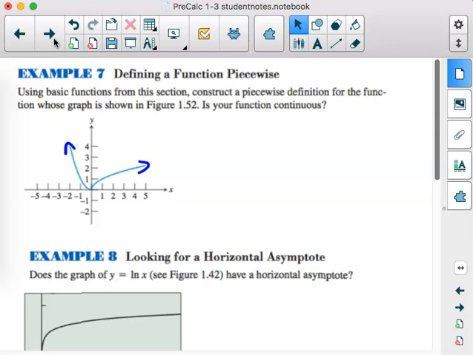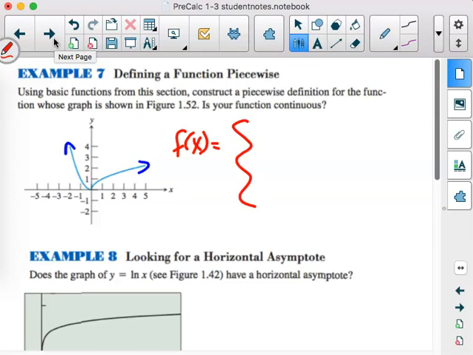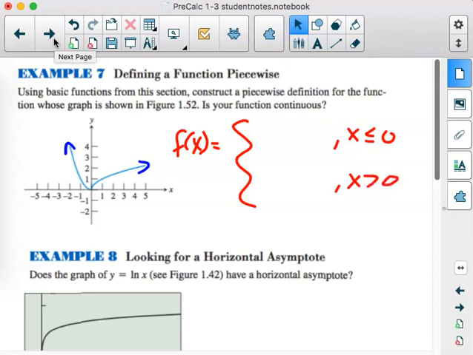Okay, do you see the changeover? Pretty obvious, right? At 0, something's happening. So f of x equals, and I'll just put for x less than or equal to 0 and x greater than 0. Again, it wouldn't matter because they do meet. It wouldn't matter which one of those gets the equals bar, but you just have to pick one.